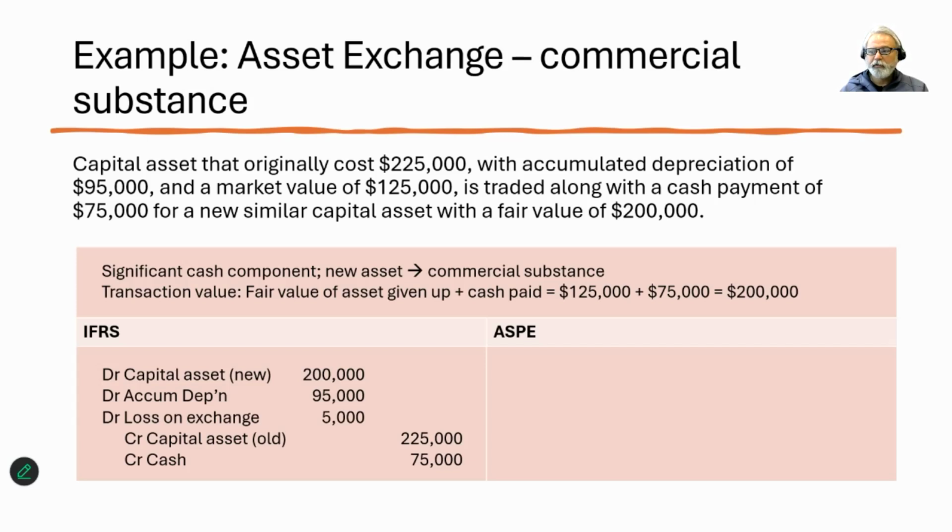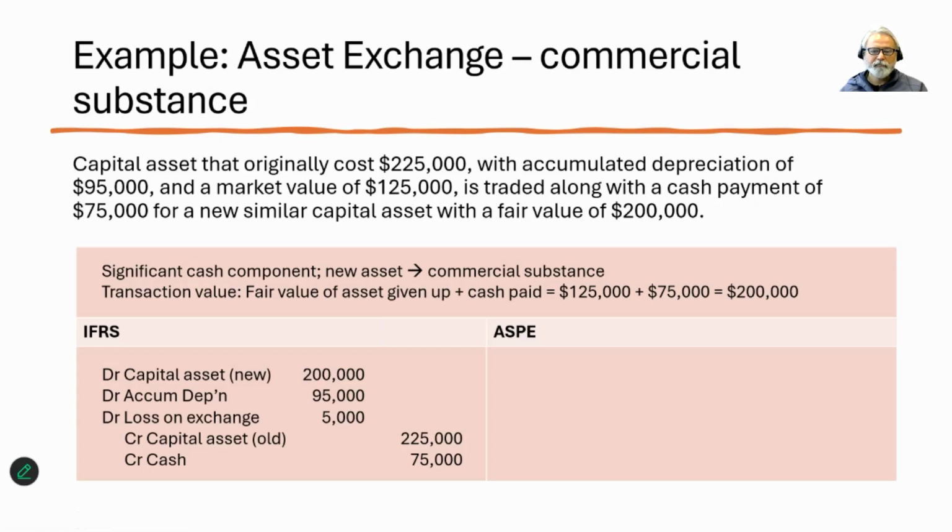Why is there a loss on exchange? You can see that the original asset has a book value, 225 minus 95, $130,000. However, the market value, the fair value of the asset given up, is 125. So the $5,000 difference between the book value and the fair value of the asset being given up is picked up as the loss on exchange.